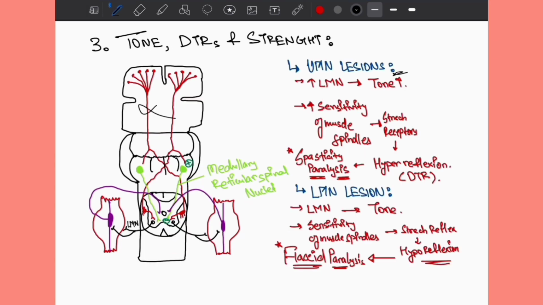So let's now talk about the tone, DTRs, and strength of the lesions. DTR is deep tendon reflexes. Firstly, in upper motor neuron lesions, the upper motor neuron gets damaged, and there is a nucleus called the medullary reticulospinal nucleus. The stimulatory fibers from the upper motor neuron reach it less, causing the opposite action in the nucleus, and the nucleus stimulates the lower motor neuron, causing the tone of the muscle to increase.